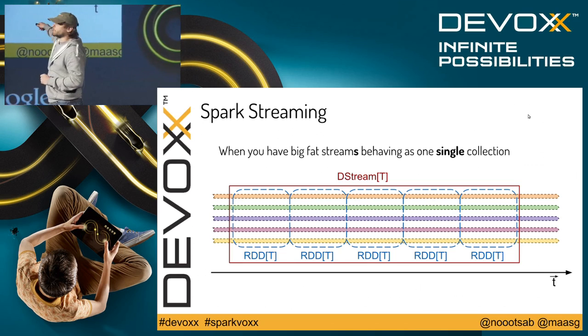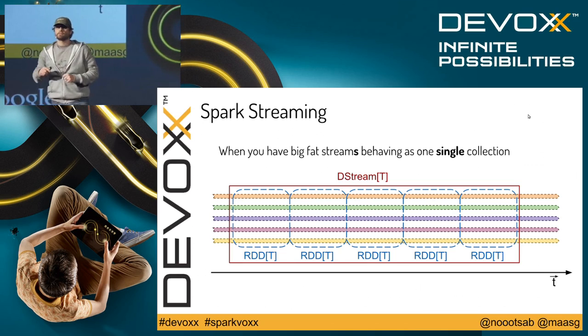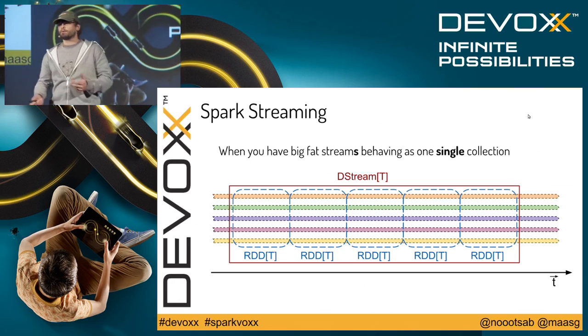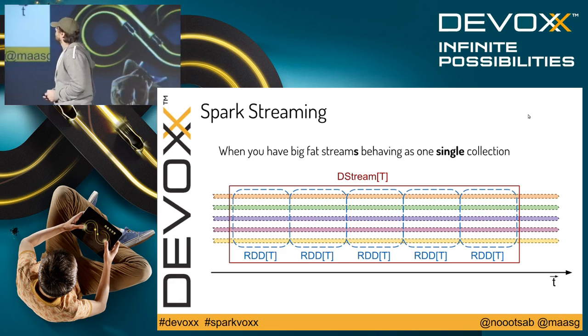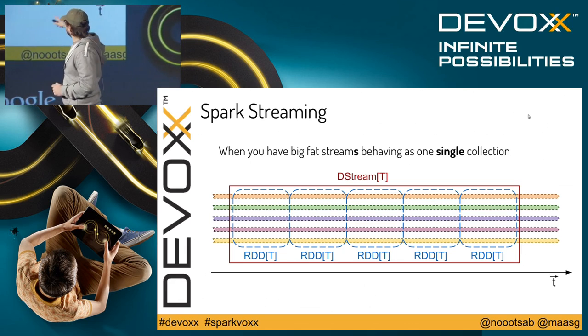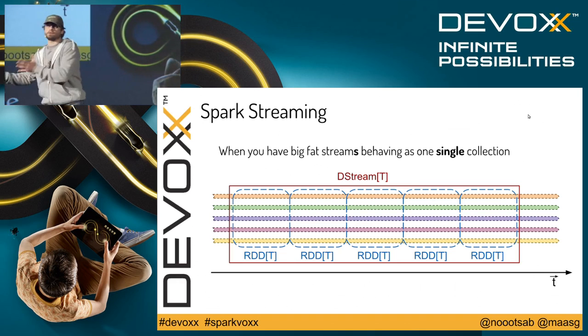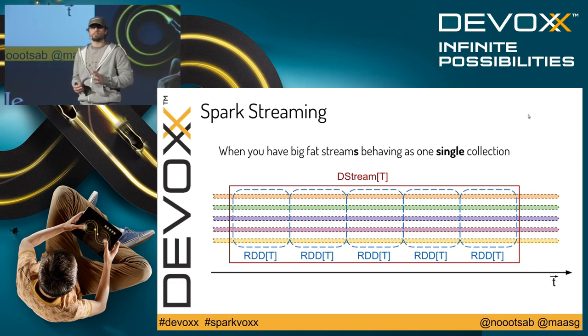This stream has an abstract type, T. All those streams must share the same type, which can be any. And each of the RDDs that you see there are just the chunks. What does it do? It takes the stream and chunks it every X seconds, let's say, and X is up to you to set.